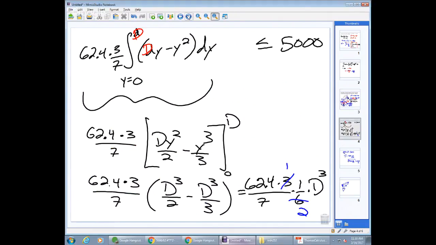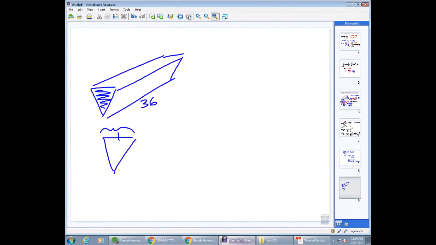So that distance across there is 3/7 y. What's the height of this triangle? Just y, right? So that means the area of this is 1/2 times 3/7 y times y, or y squared. If I multiply that by 36, then that right there has got to be the volume.